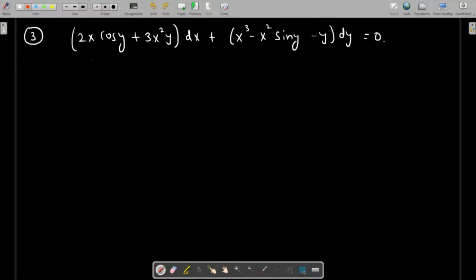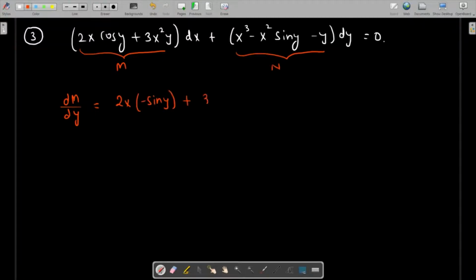So we already know that this particular expression is going to be M and this particular expression is going to be N. So if we differentiate M with respect to y, we're going to treat x as a constant. So we'll get 2x, and the differentiation of cos is minus sin, so we have minus sin y plus we have 3x square, and the differentiation of y over here is 1.